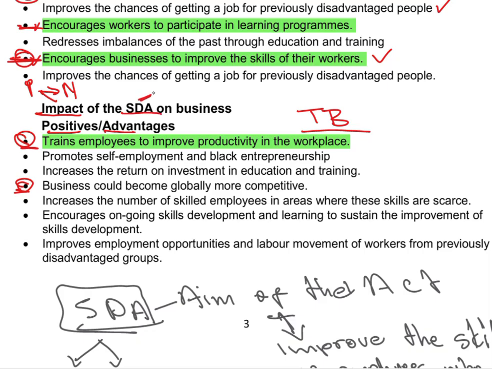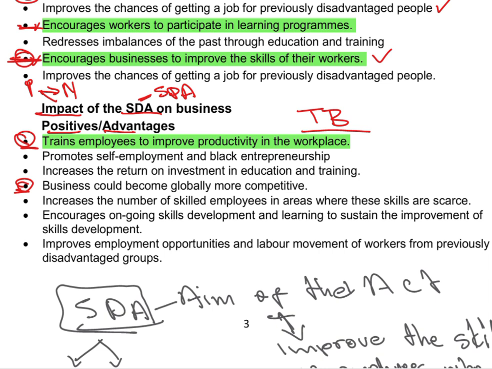When you comply with the SDA, and you encourage workers to participate in the learning programs, definitely we know the results. They are simply saying the results of the SDA on the business. Obviously, it trains employees to improve productivity in the workplace.